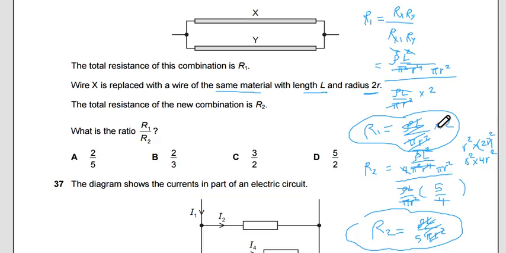Sorry, this 2 is in the denominator, so it should be here. Again, R1 over R2 will simply be 1 over 2 over 1 over 5, which is 5 over 2.